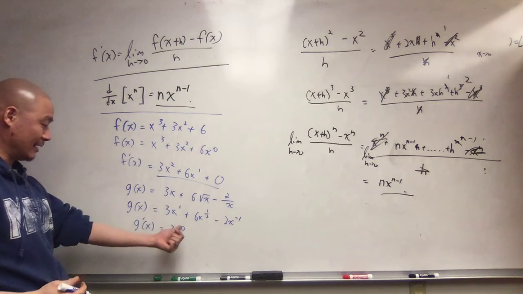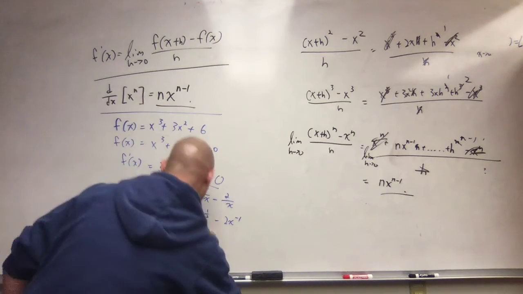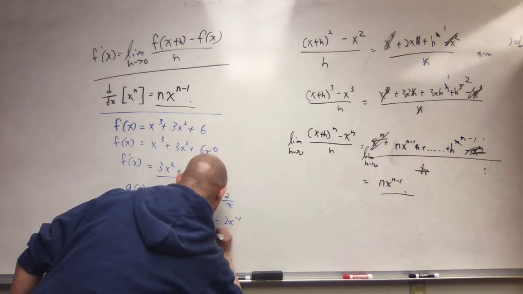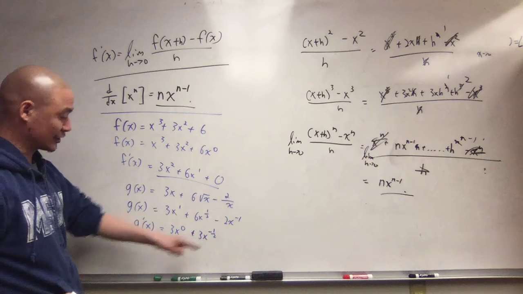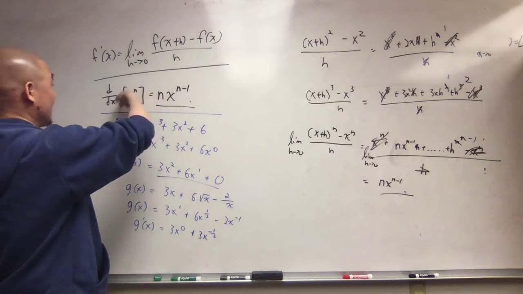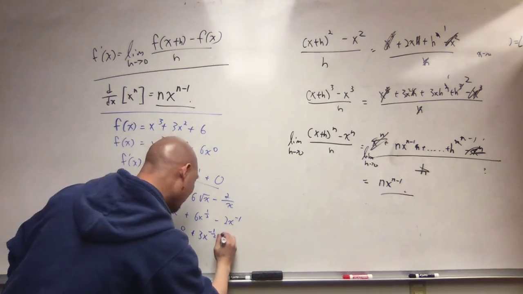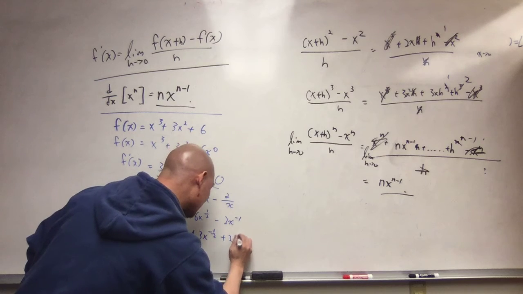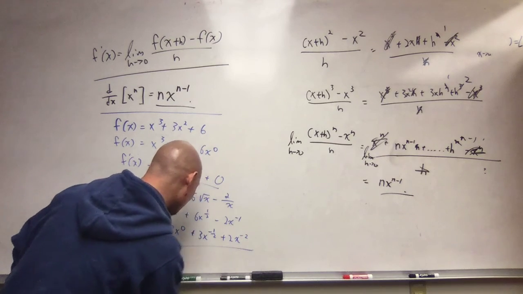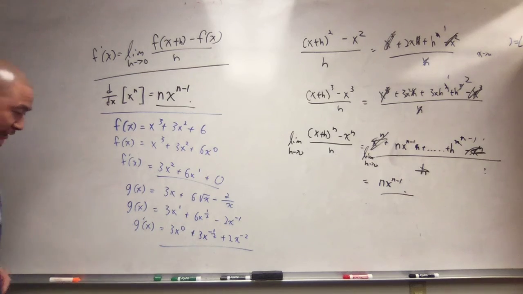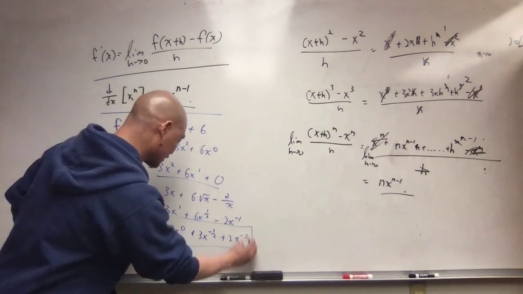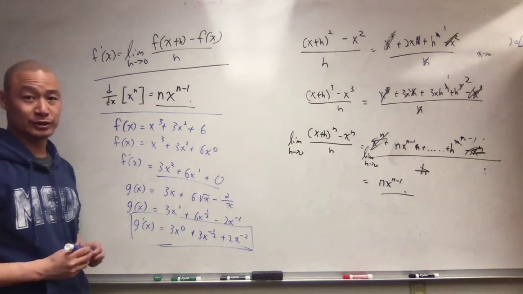The 1 comes down, and that power goes down, plus 3x to the negative 1/2. That power comes down, it decreases by 1, right? Power comes down, decrease by 1, plus 2x to the minus 2. And certainly you could simplify this algebraically further, but that essentially gives you that solution there.